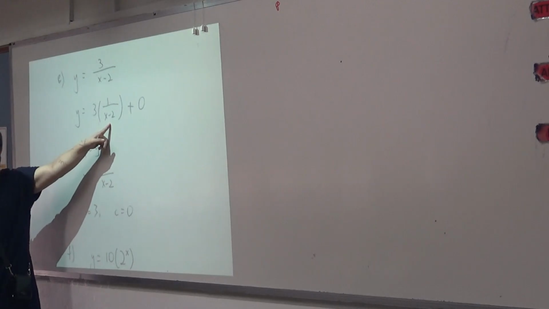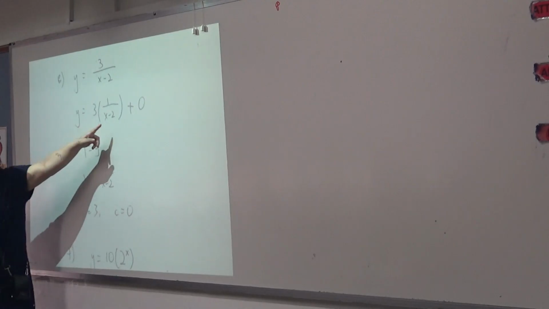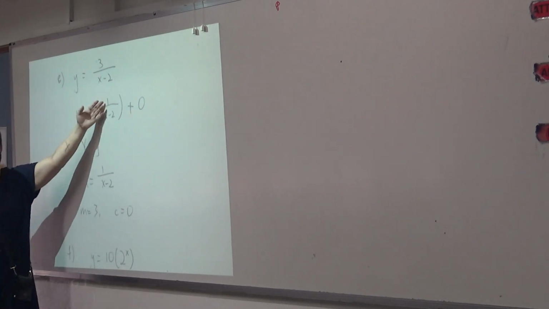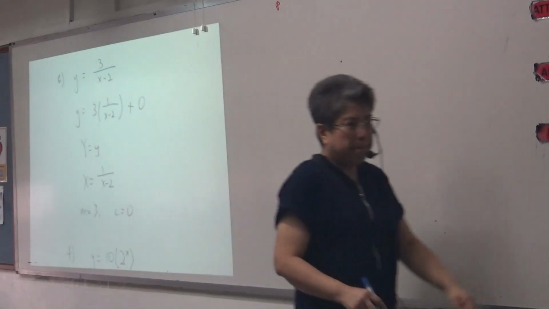Can you see it? Alright, then my gradient is 3 and my y-intercept is 0. Everybody okay? Understand? Now you can only have 1 term; if I have 2, 3, 4, you've got to take them out. Understand? Okay? Next one.